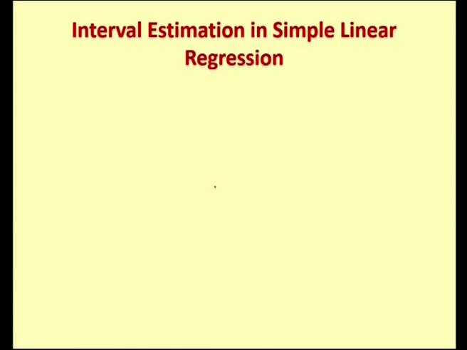So, the sampling distribution of n minus 2 times the mean square error due to residuals divided by sigma squared is a chi squared variate with n minus 2 degrees of freedom.